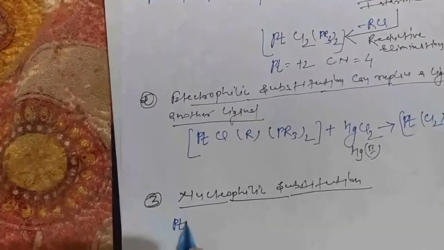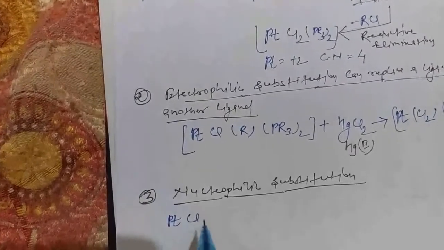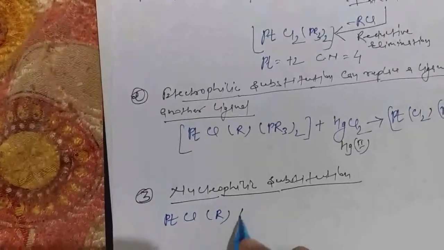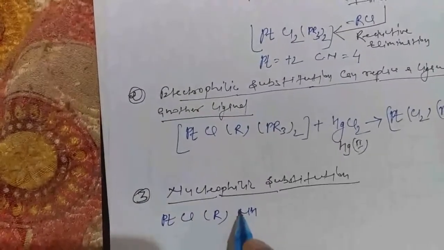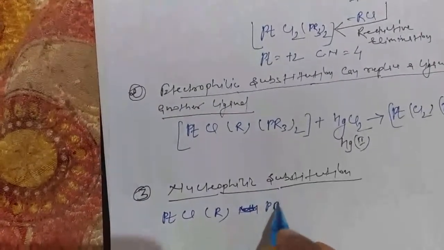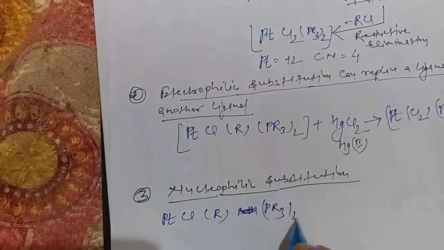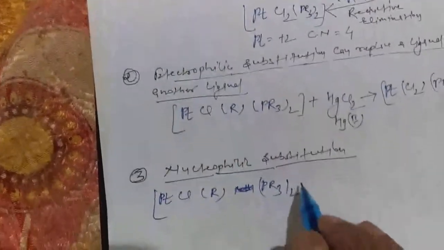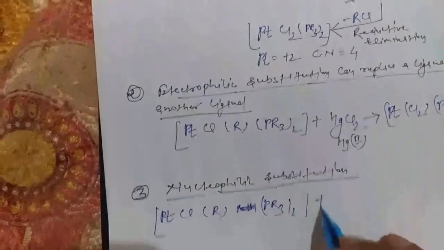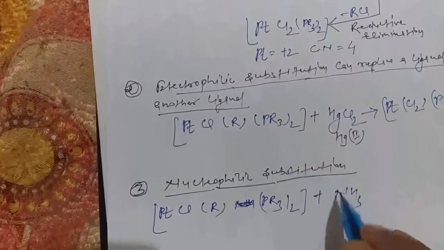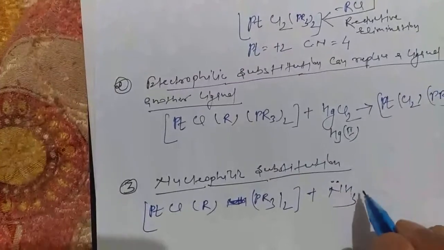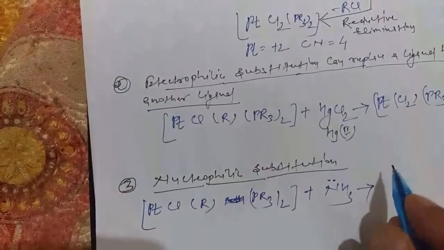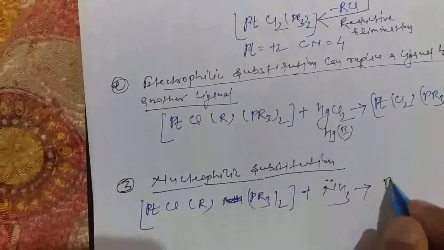So let's take another example of the same compound, that is PtClR, PR3 whole twice. So this is a platinum 2 complex, and we require a nucleophile. So let us take a nucleophile. This is a nucleophile, negative charge. Lone pair is there, it is a nucleophile. So what will happen here?